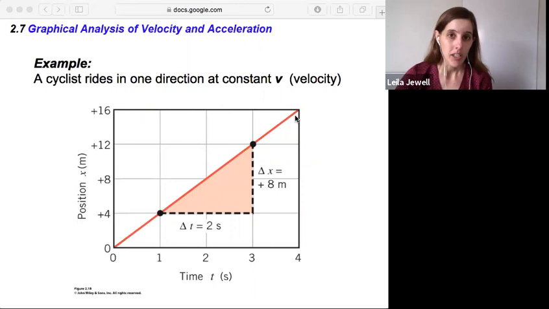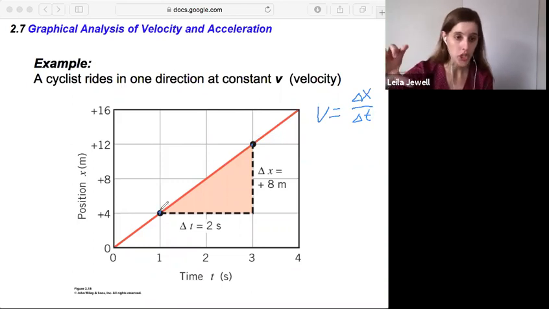Now we could look at the change in position relative to the time, and we know that connects to our velocity. If you remember, we defined velocity on average as the change in position, or change in displacement, delta x, all over delta t. So if we look at 2 points of interest as shown here, the change in position is 12 minus 4.